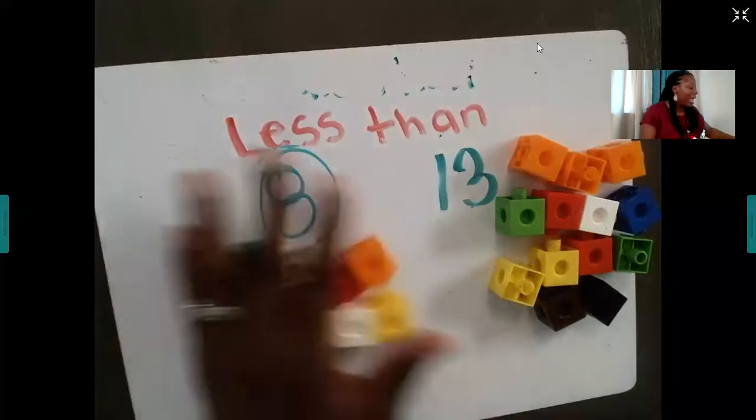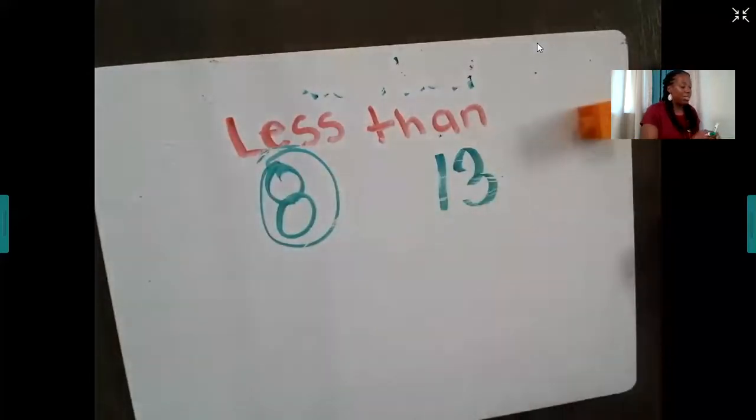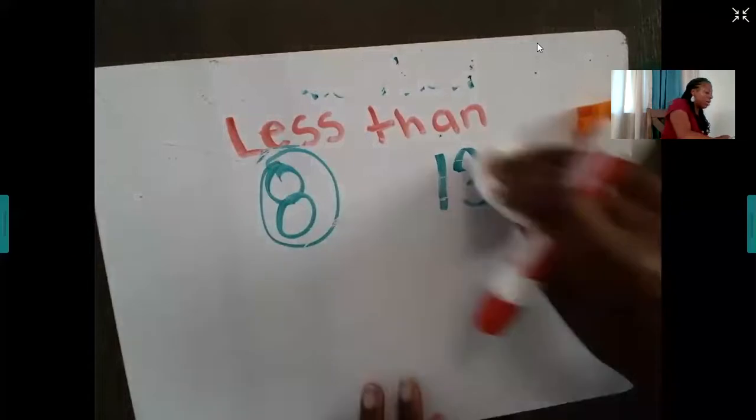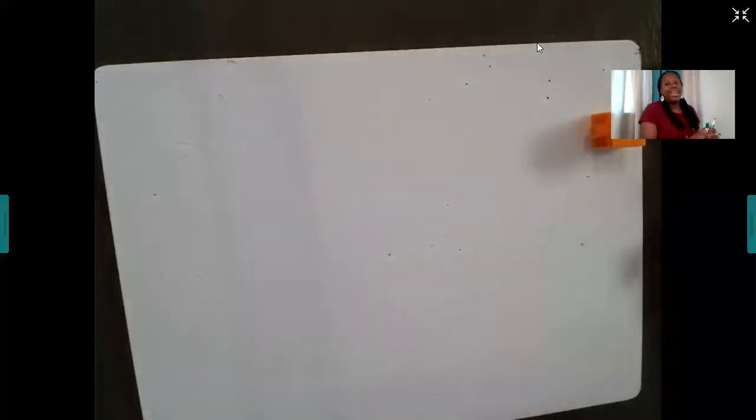All right. Now that you have seen it with manipulatives and small numbers, remember you can determine if your numbers are greater than or less than, which means smaller. Let's try some of our really big numbers just to see, okay?